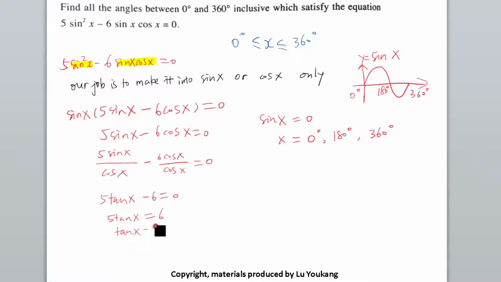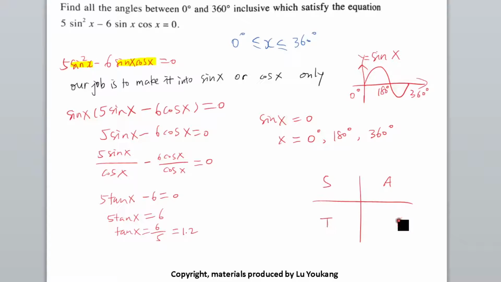Therefore 5 tangent x equals 6, and tangent x equals 6 over 5. So now I can continue to solve for x. In fact, tangent x is equal to 1.2.